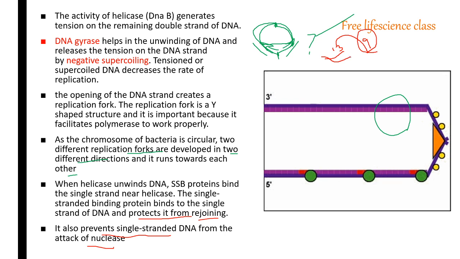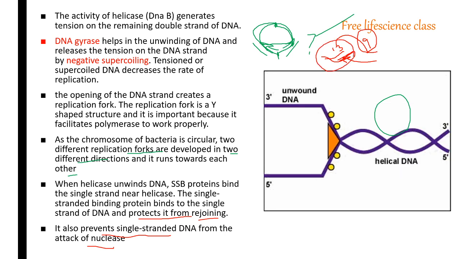When this DNA gets opened, DnaC recruits DnaB to that point, and DnaB is a helicase, so it will help in unwinding the DNA. This complex is now called the pre-priming complex. Then DnaC leaves the complex and DnaB begins to unwind the DNA.